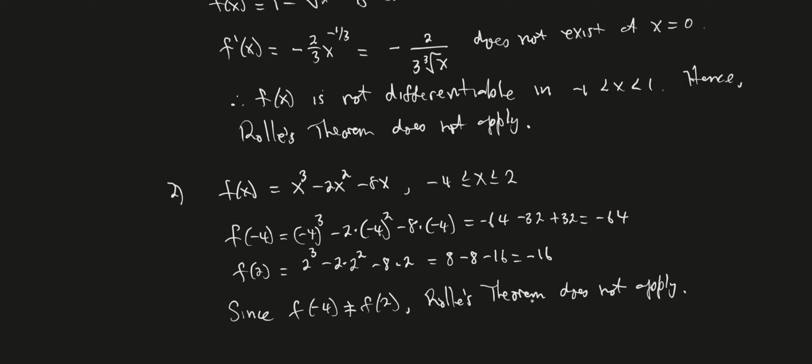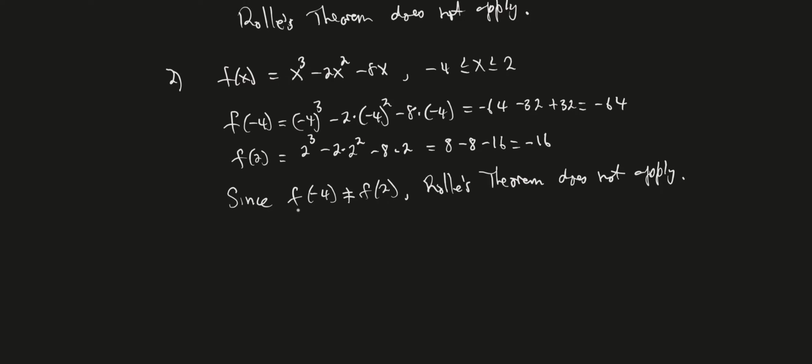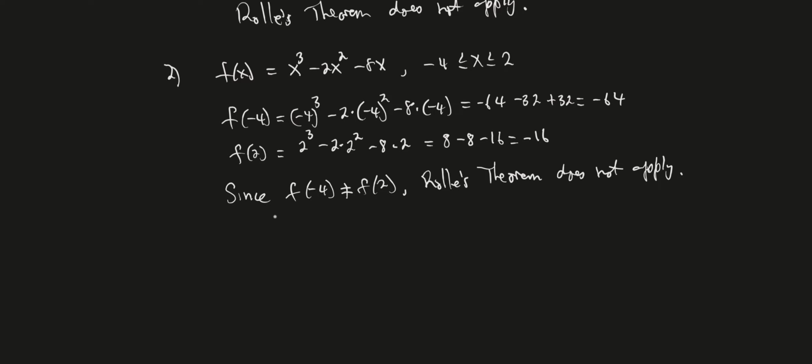Again, we can't use Rolle's theorem to conclude that this function has to have a stationary point somewhere between x equals -4 and x equals 2. Could we use some other means? Sure, we just can't use Rolle's theorem, right?